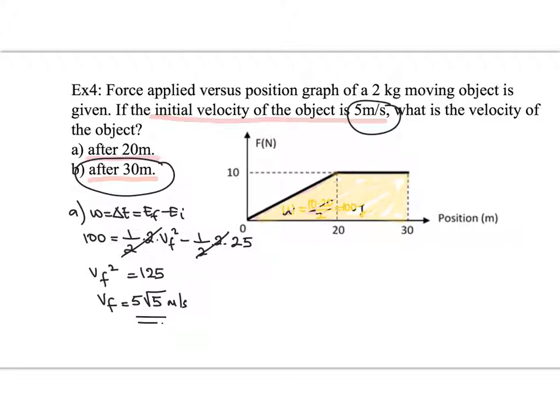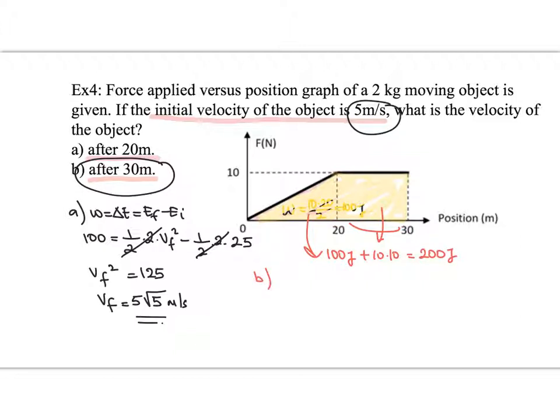So this area is already calculated as 100 joule. This area plus is equal to, from the area of the rectangle, 10 times 10, 100.